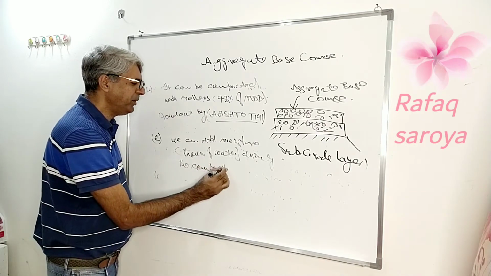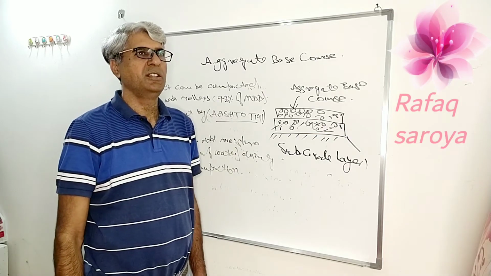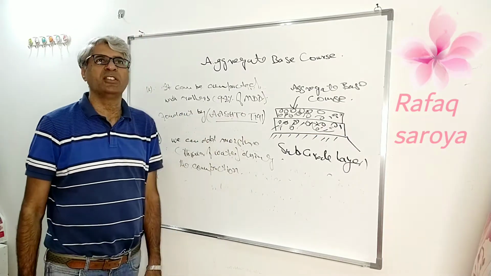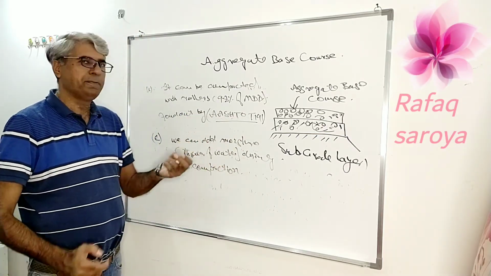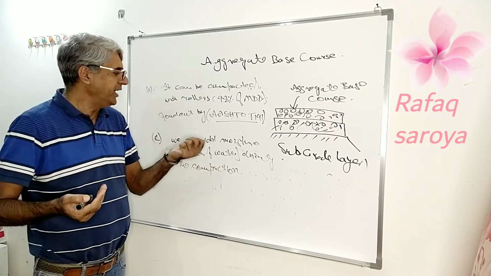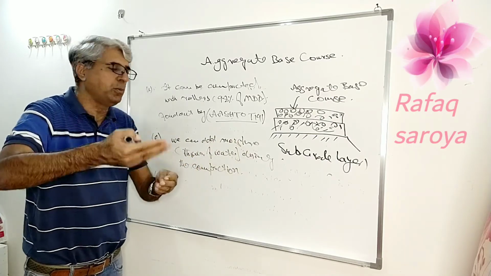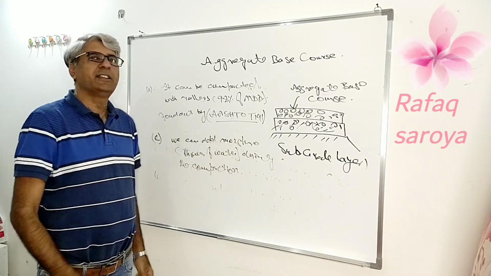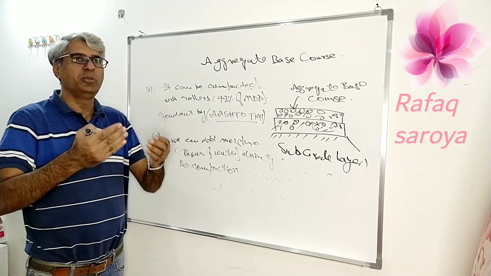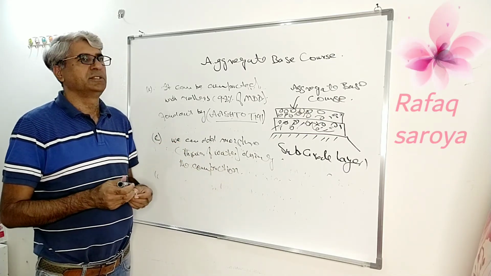If the moisture is very less, it's not going to reach its specific density of the compaction. So in order to bring it to the required level, we can add water at the time of the compaction in order to achieve our required compaction. And that's it.